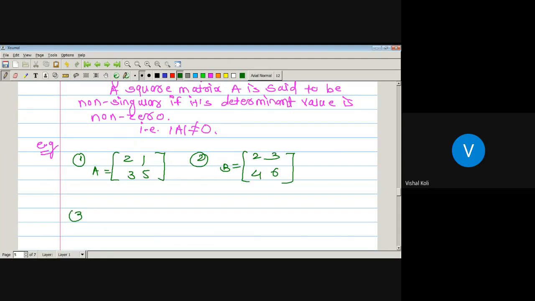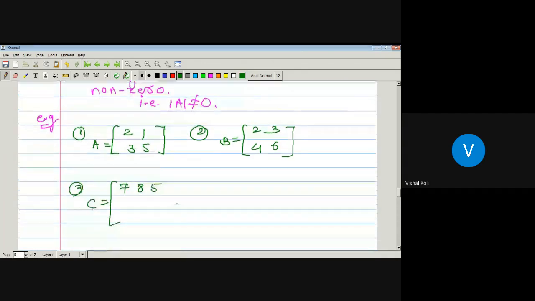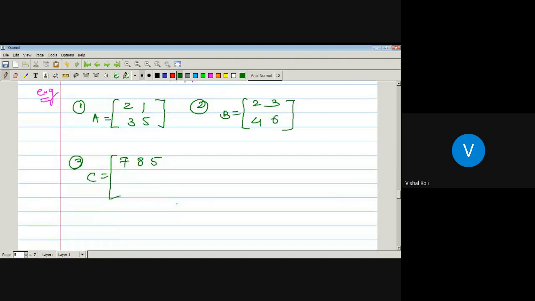Third one, rows 7, 8, 5; 3, 4, 6; 10, 12, 11.